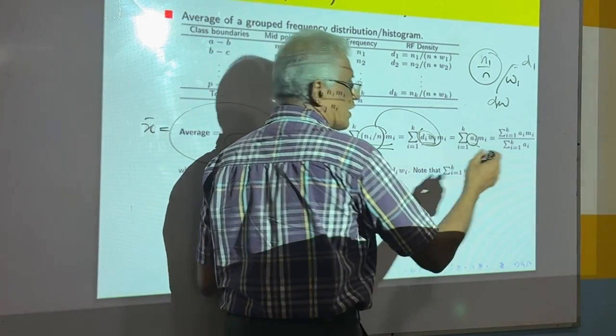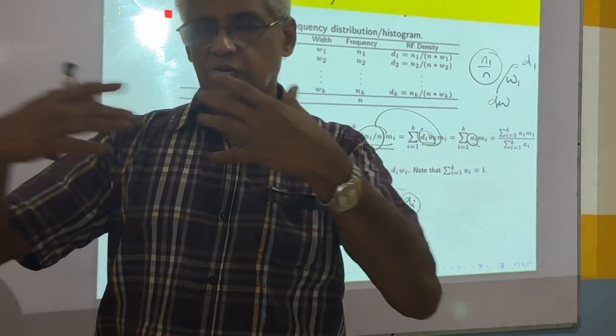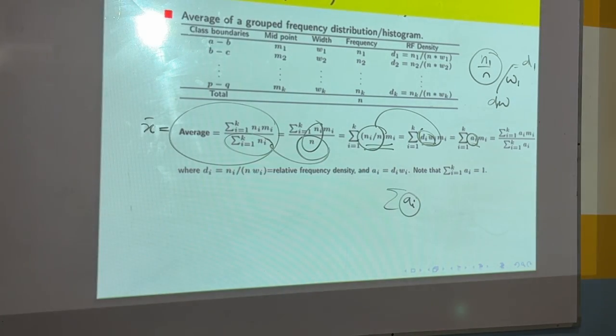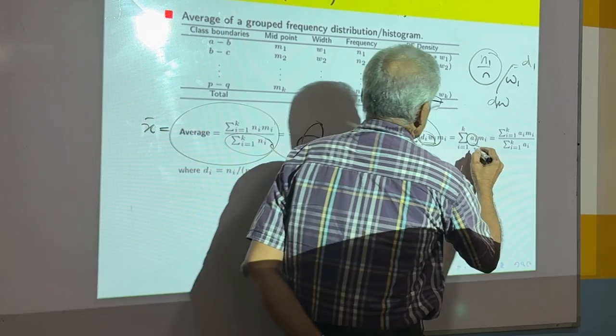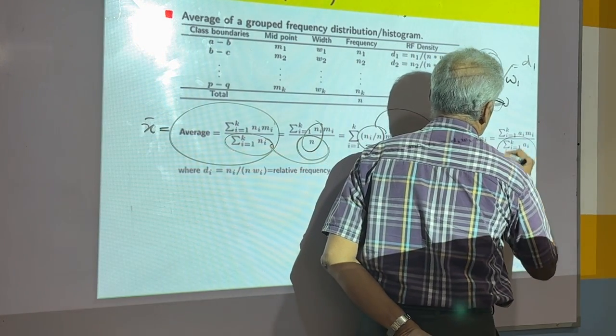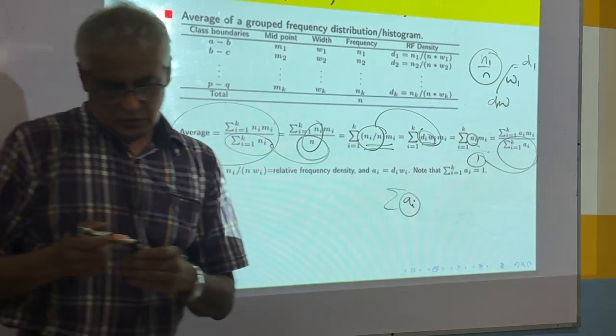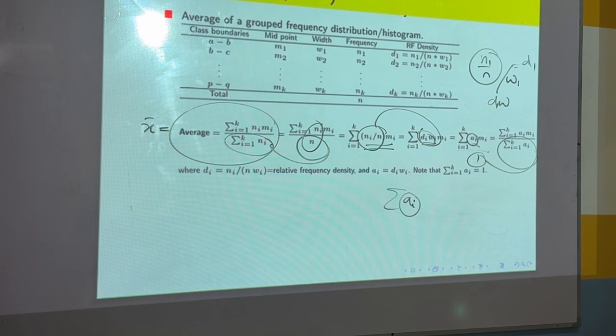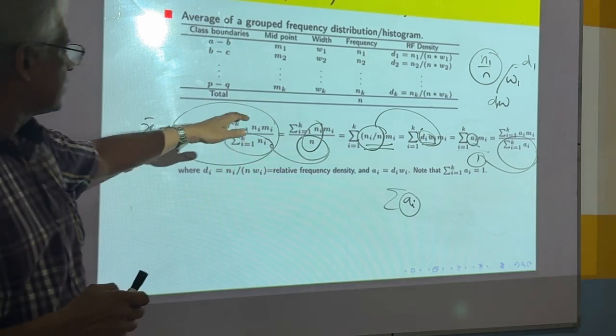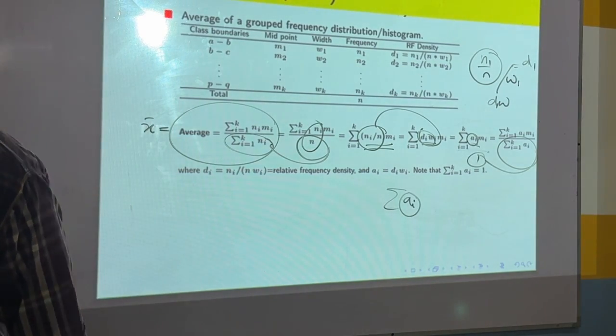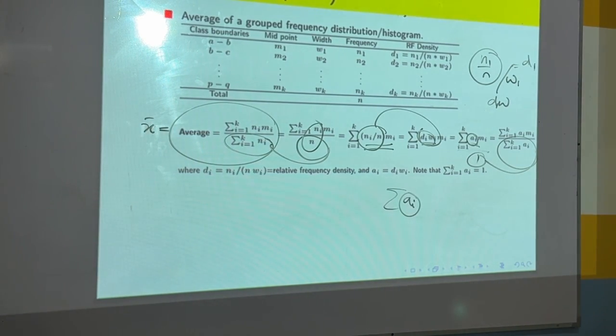So therefore sum of ai will be equal to 1, because the sum of the relative frequencies is equal to 1. Therefore I can write here 1, and that 1 is equal to this. So these are just playing with numbers to show that you can write the same thing in other ways as well. None of these are in the book actually.